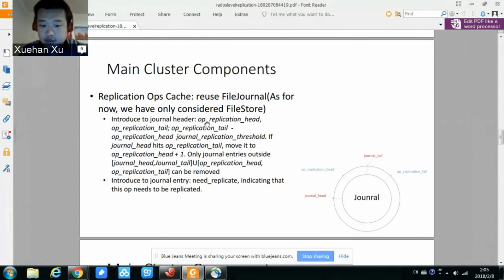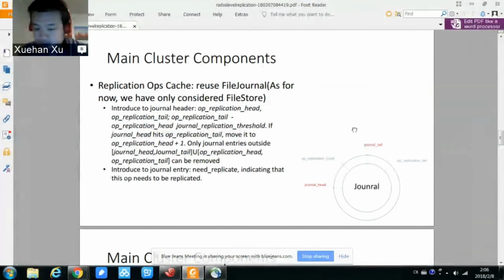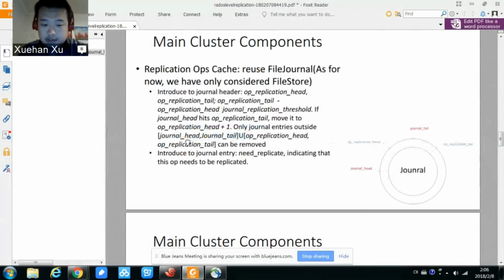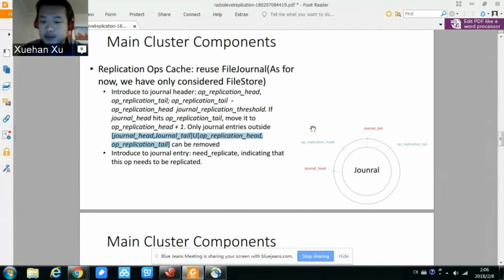We can add 2 pointers. The first is OP replication head, and the second is OP replication tail. They point to the 2 ends of the range that holds the liberated ops that need to be replicated, and only journal entries outside this set can be considered removable.